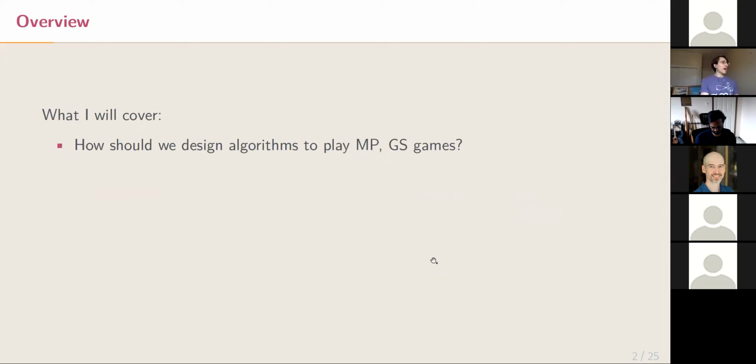So I'll cover ideas about how we should design algorithms to play multiplayer general sum games. A lot of the technical details won't be new, but we're trying to package it up in a way that will help researchers use it more readily and give a coherent framework for thinking about solid, well-grounded algorithms for playing these games.